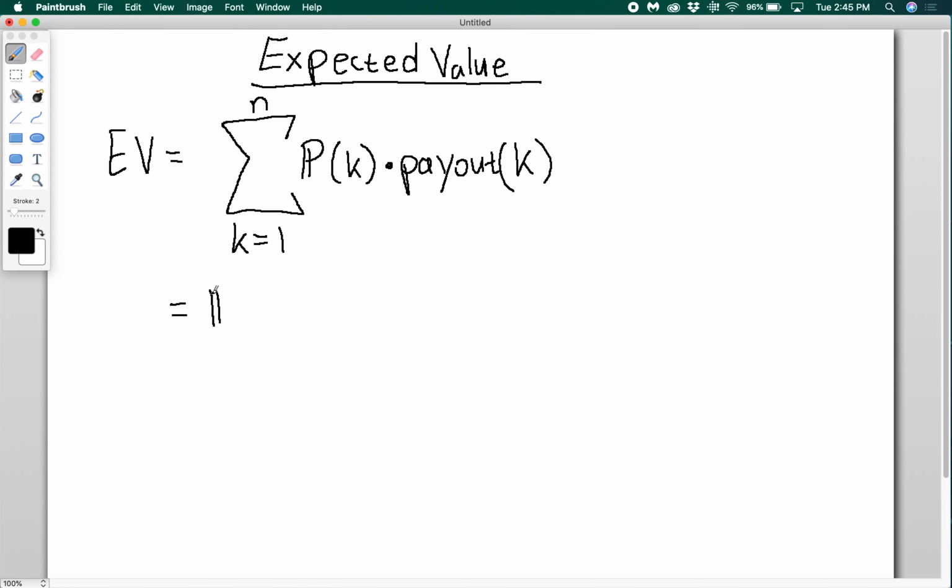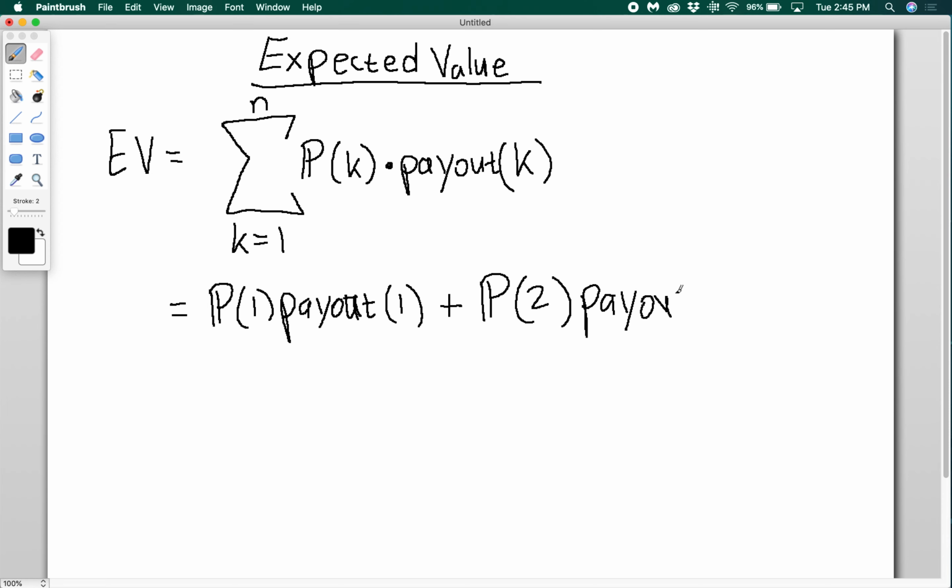I said, what's the probability of outcome 1 times the payout of outcome 1? Then let's add that to the probability of outcome 2, times the payout of outcome 2. And then finally, plus outcome 3. So outcome 3 is going to be $100. So I did the probability of getting $100, the probability of outcome 3, times the payout of 3.